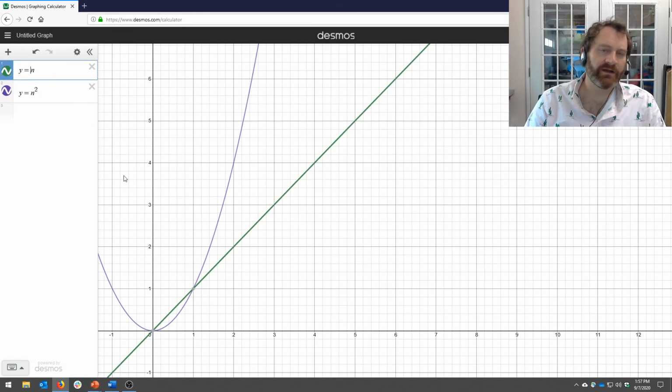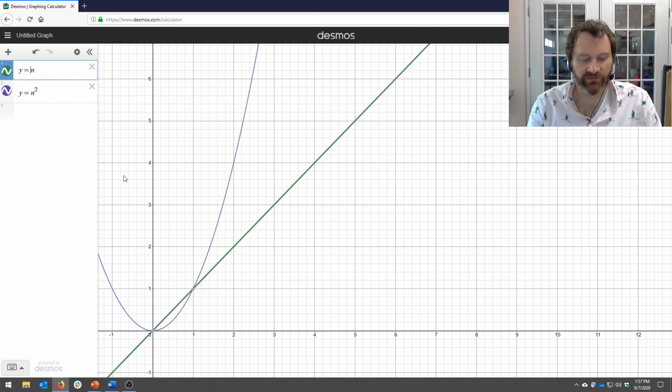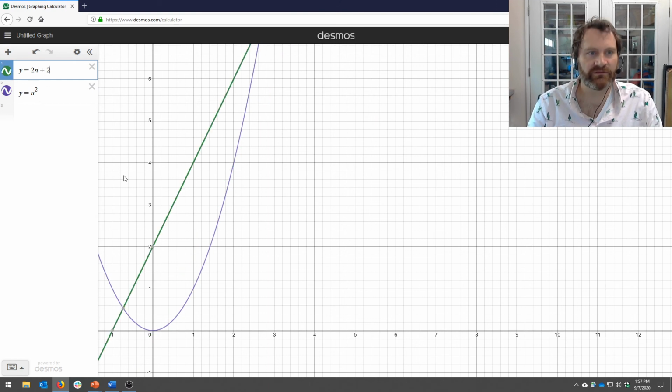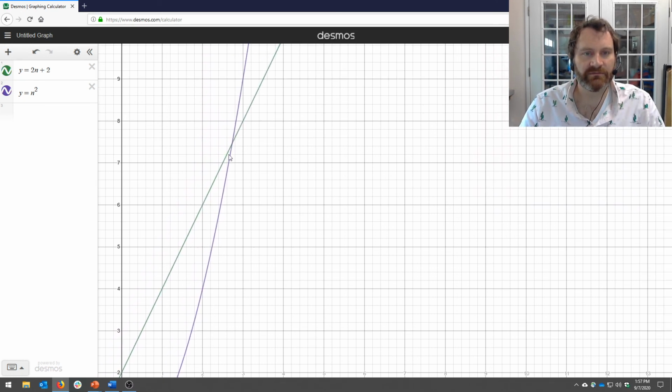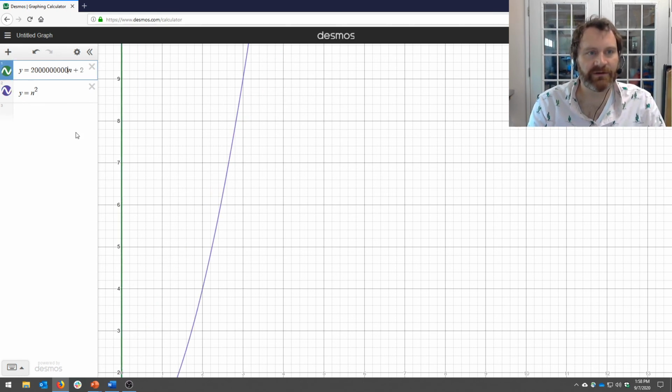Say my y line represents an actual algorithm, 2n plus 2. So it starts out here. Here's my little algorithm. There's always going to be a point where this blue line crosses this green line. And in fact, I can make this about as big as I want.